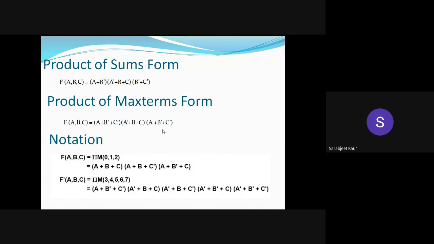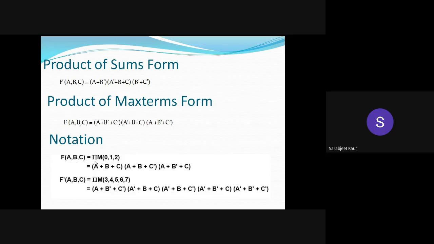I'll proceed then. Let us look at the notation now. For the product of sums form, the symbol which is used is a pi. Pi, as you might know from your previous mathematical knowledge, is used to represent a product of numbers.